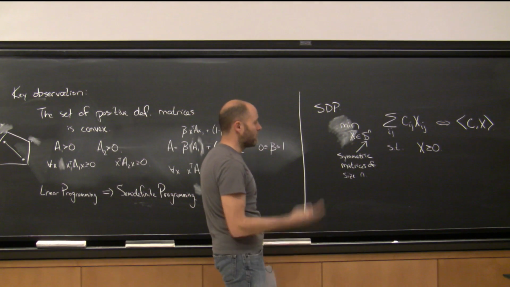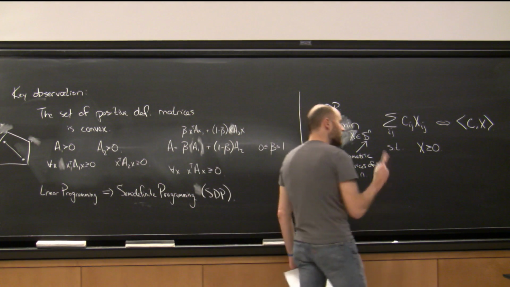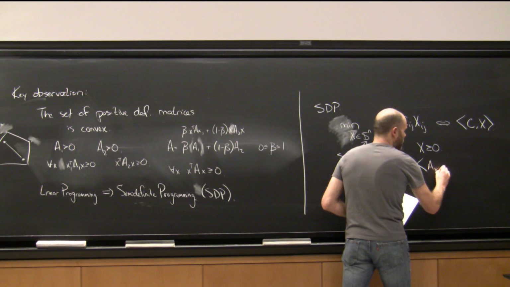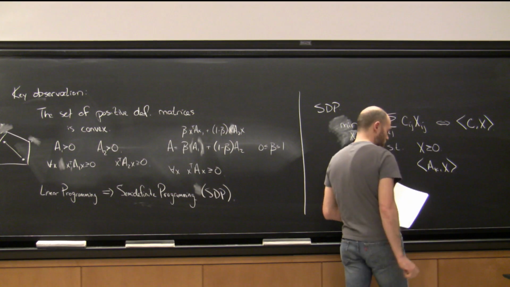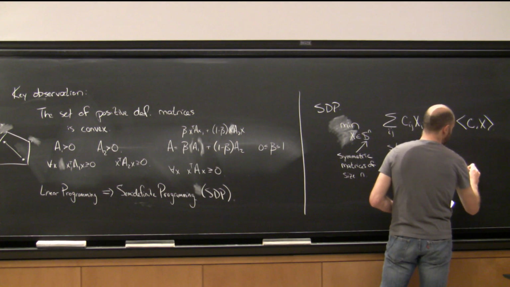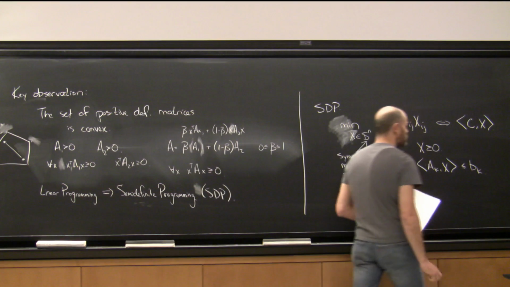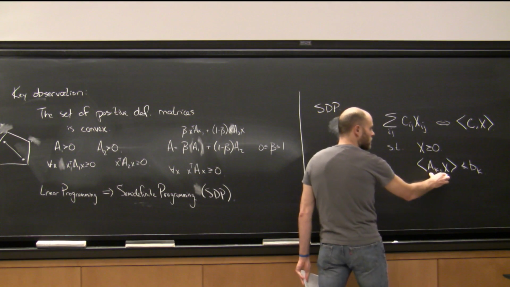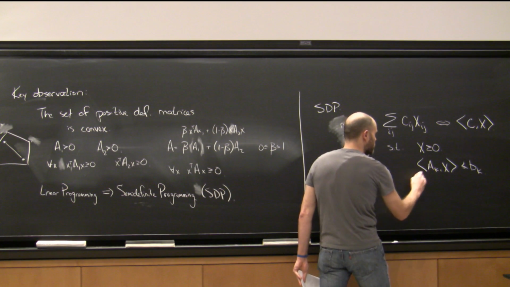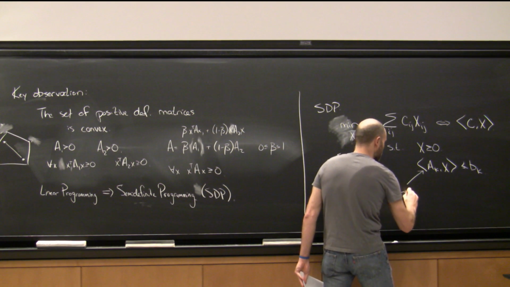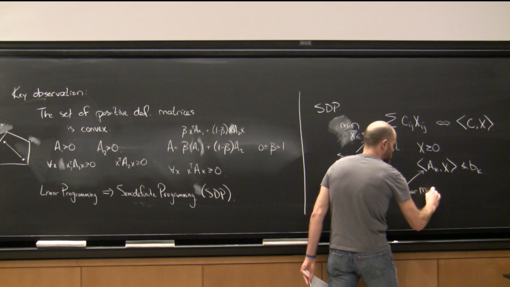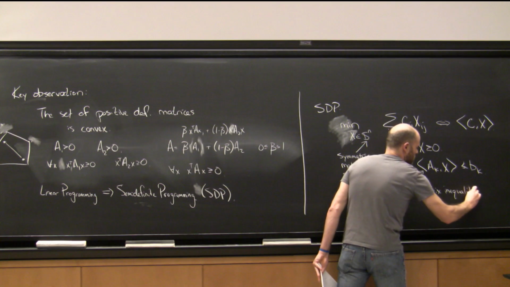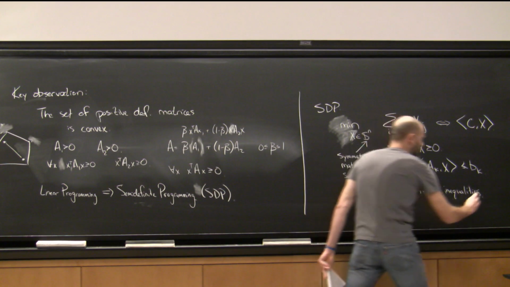Even more interesting is you can add any sort of constraints of the form A_k X is, let's say, less than or equal to B_k, to keep it in the same form. These are called linear matrix inequalities, LMIs.